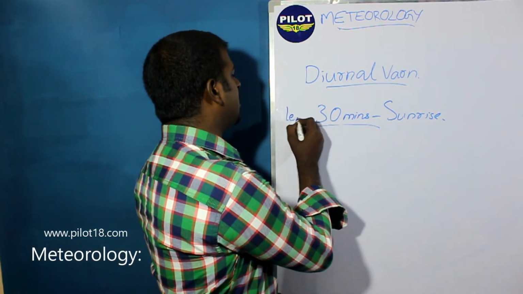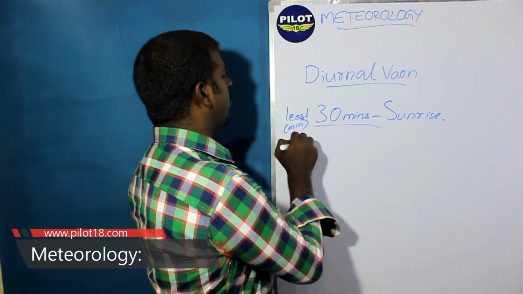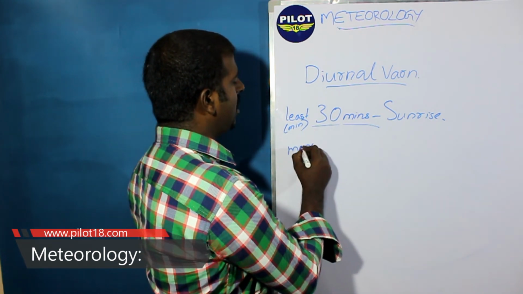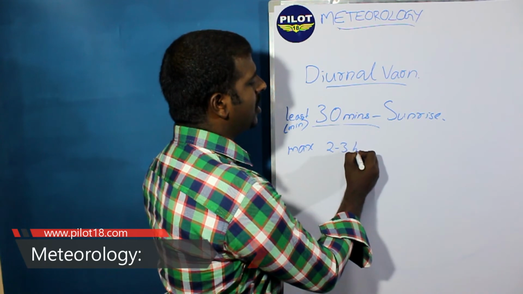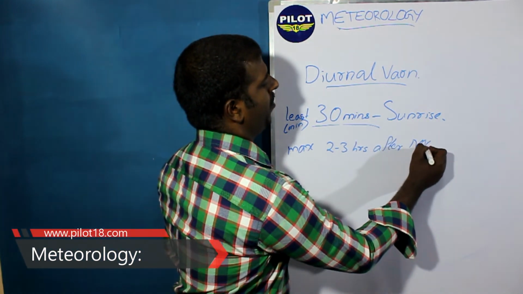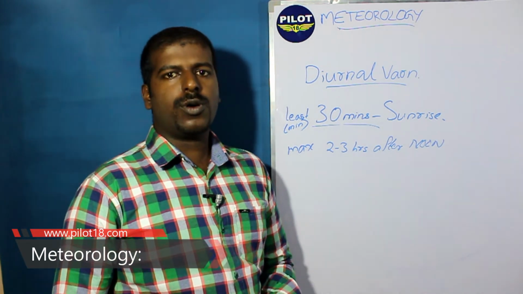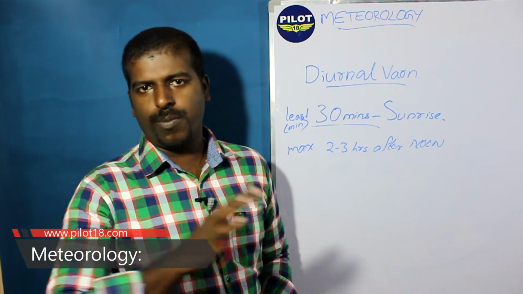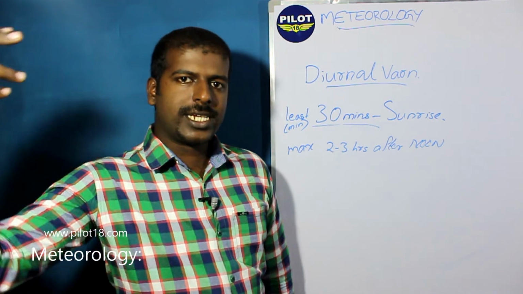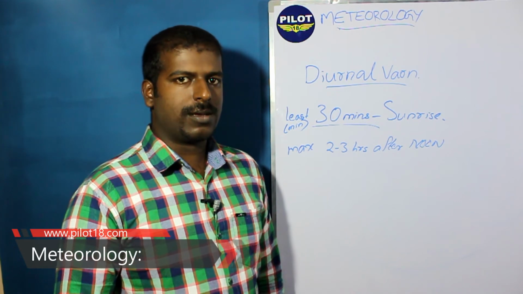Okay, and when is the maximum possible temperature? This is the least or minimum. Okay, the maximum is 2 to 3 hours after noon. Okay, because at noon we think it is at 12 o'clock. No, even after 12 o'clock solar radiation is coming so intensely that it is simply heating up the Earth.